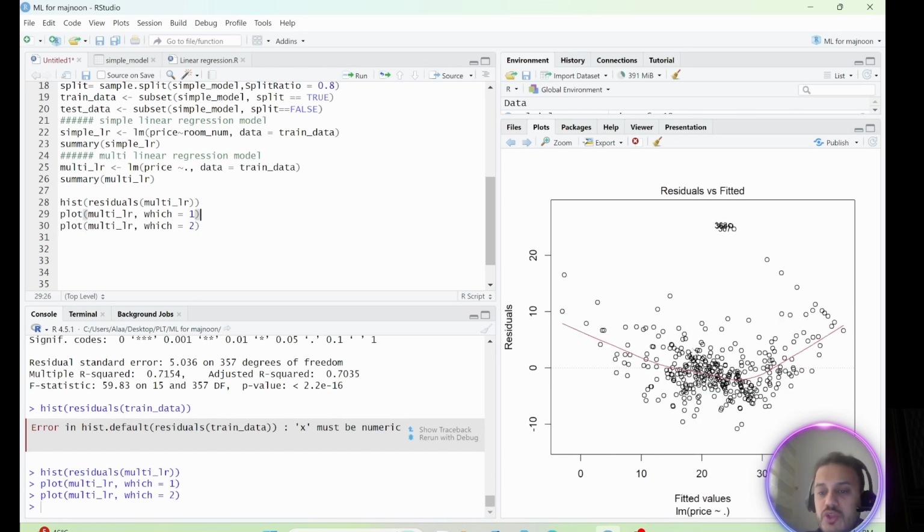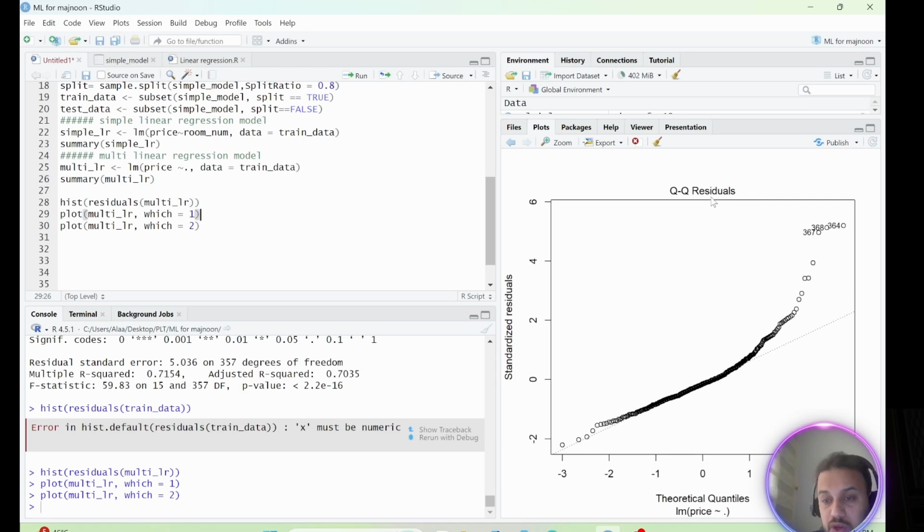When we give it which equal to 1, it gives me the difference between the fitted values and the residuals. From the fitted versus residuals plot, you can see your model does not perfectly capture all the data. And the QQ residuals plot is which equal to 2.